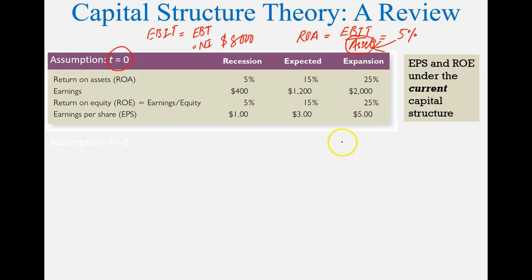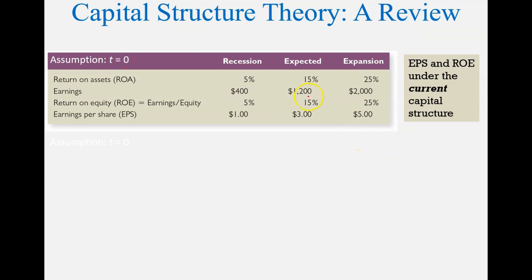So in all equity financing, EBIT over assets is going to be the same thing as net income over equity, because as I just showed you, EBIT is the same as net income, and assets are by definition equal to equity as well, because there is no debt. And so no surprises that return on equity is also 5%, 15%, 25%. And last but not the least, earnings per share.